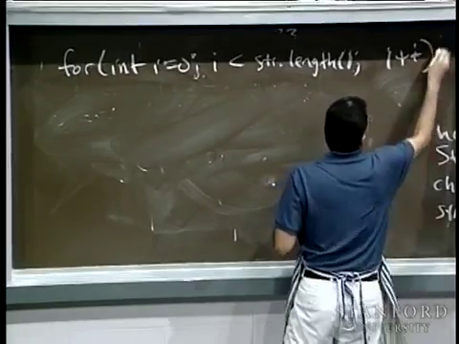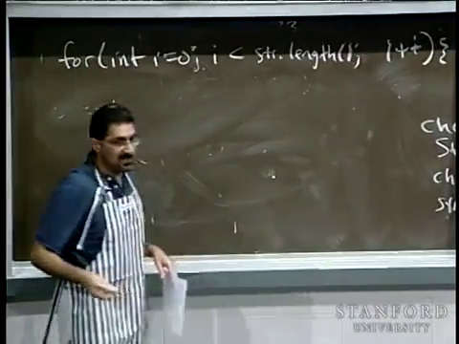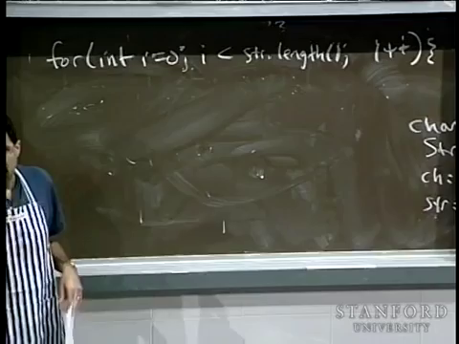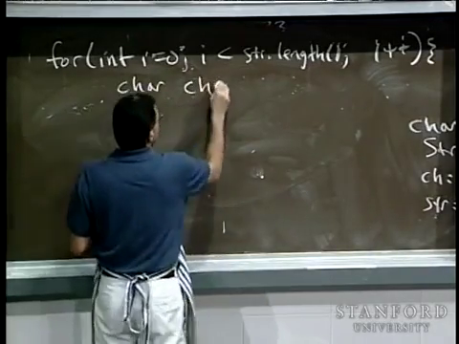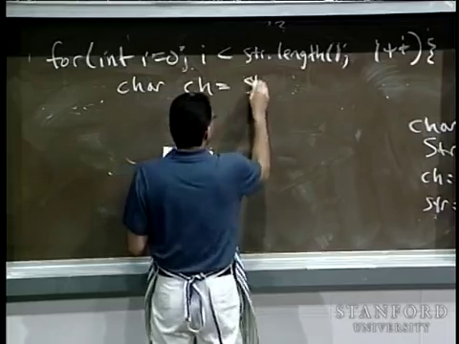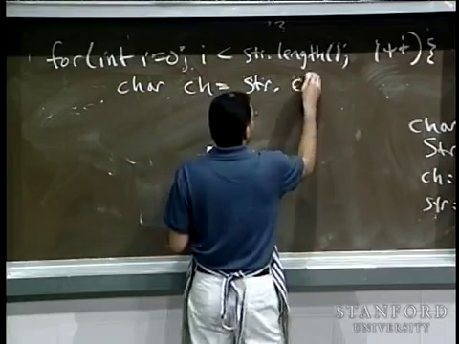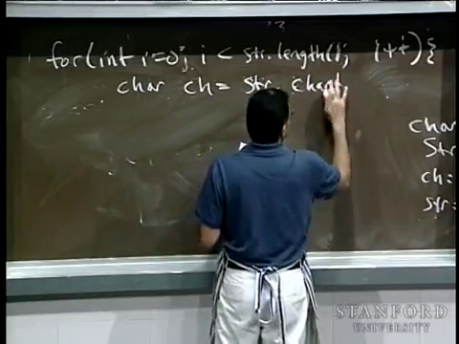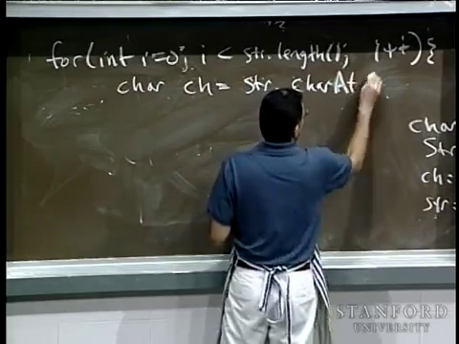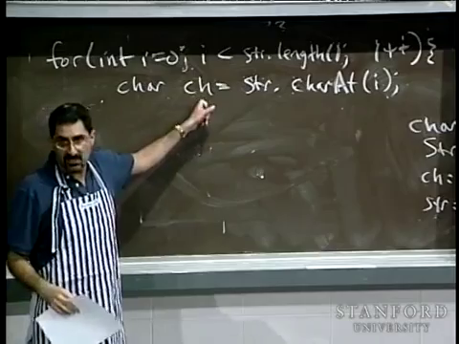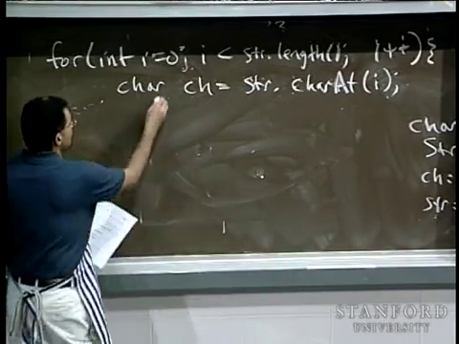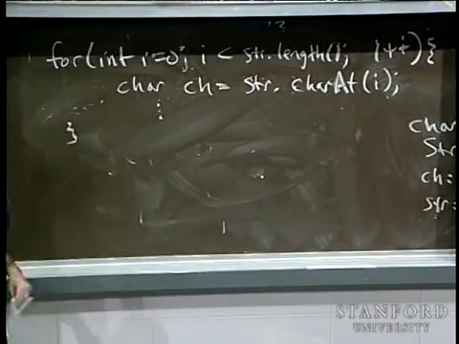This is going to go through essentially indexing the string from 0 up to the number of characters that it has. And then inside here we might say char ch equals str.charAt(i). And what that means is one by one you're going to get each character in the string in ch. And then, potentially you do something with those characters and then you're done.